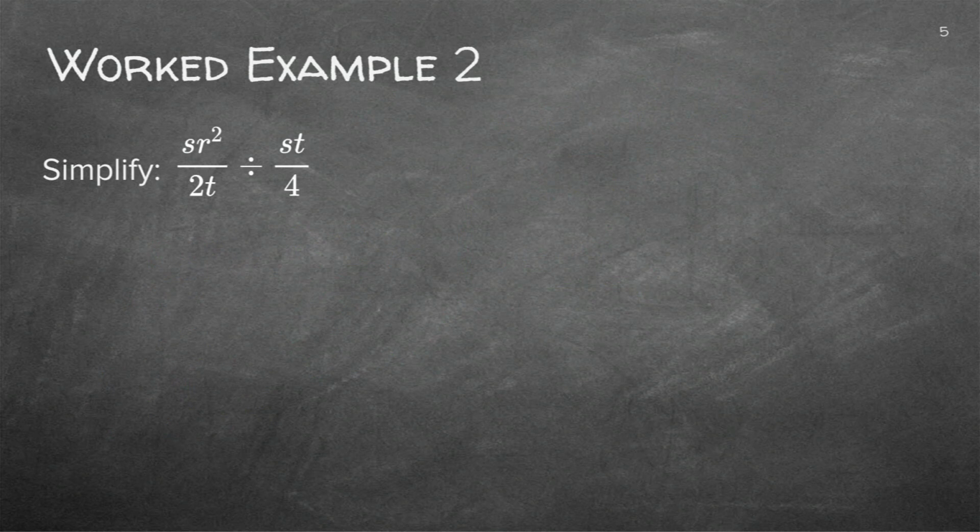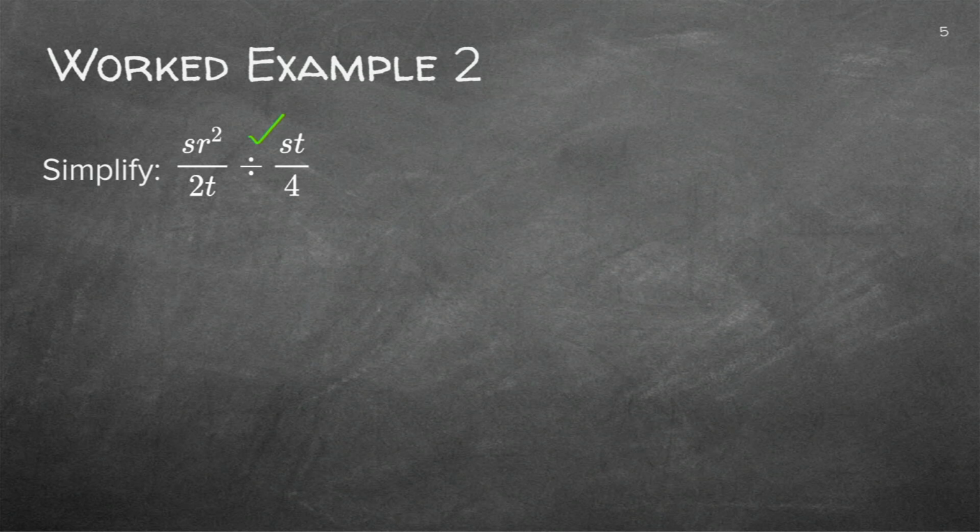So example number 2 has sr to the power of 2 all over 2t divided by st over 4. Now the rules say if you have a division sign there, you invert and multiply.